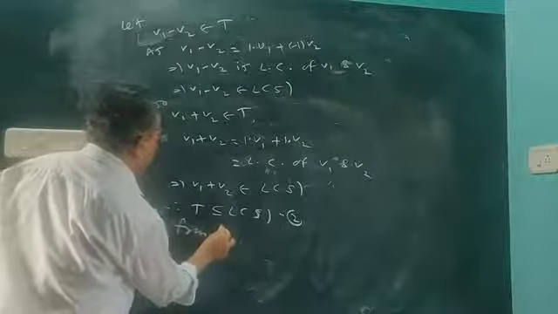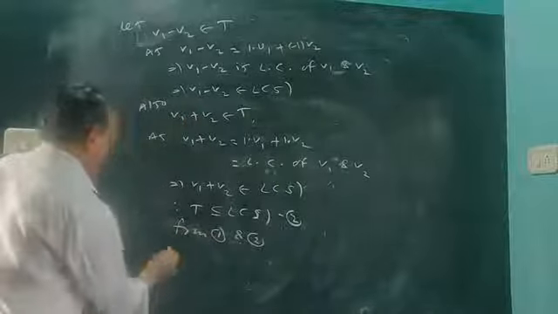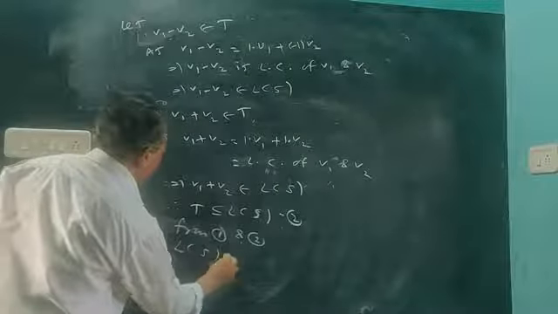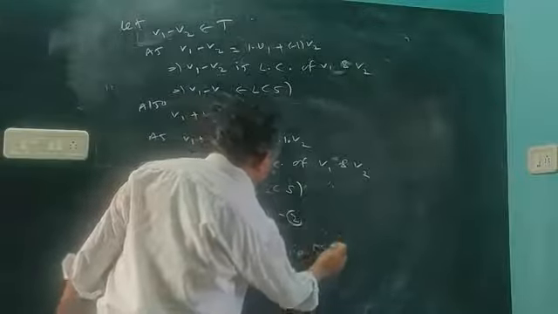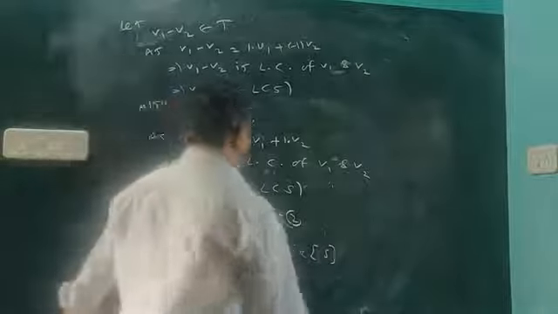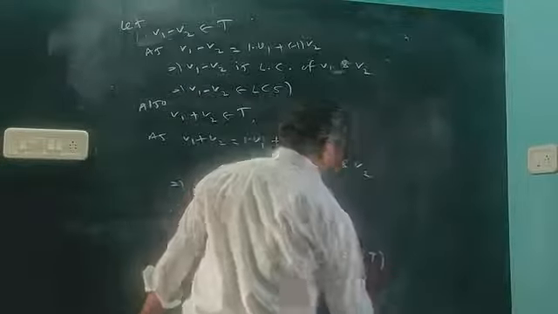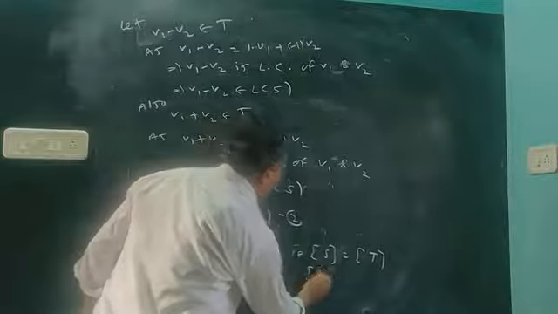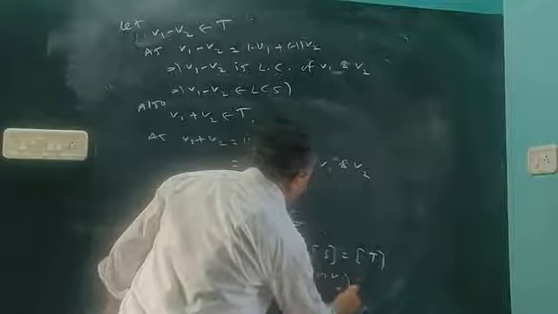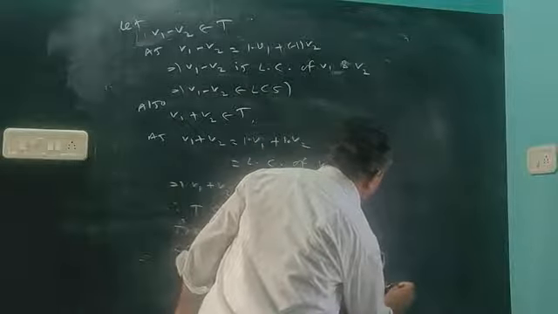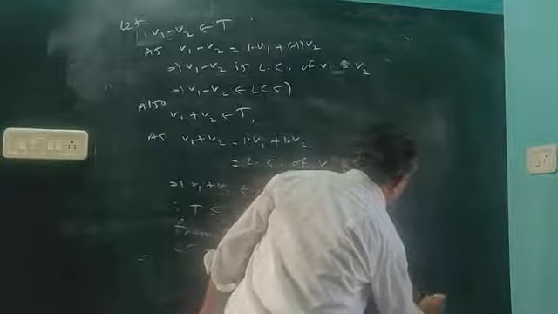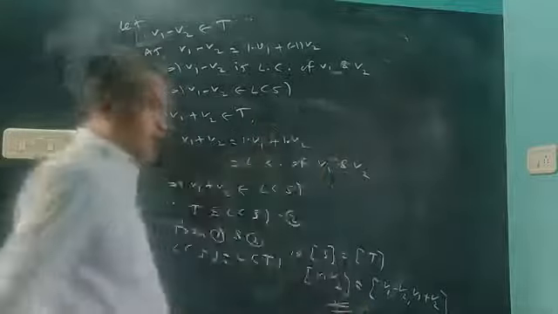So now L of S equals L of T, or span of S equals span of T. That means the span of S contains two vectors only, V1 and V2, and the span of the T set contains V1 minus V2 and V1 plus V2. So this is the second point.